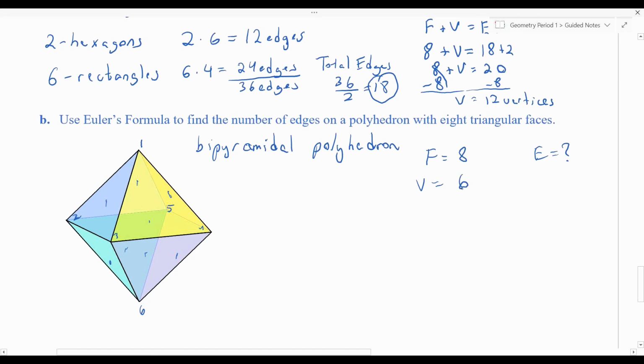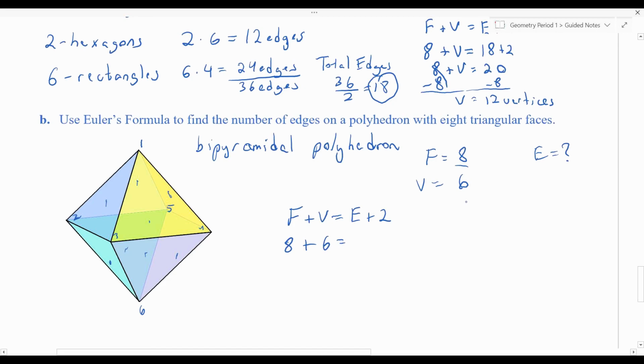All we have to do is use Euler's formula, which is faces plus vertices equals edges plus 2. Then we plug those numbers in. Faces we said is 8, so we plug in an 8 over there. The number of vertices we found to be 6, so we put our 6 over here.